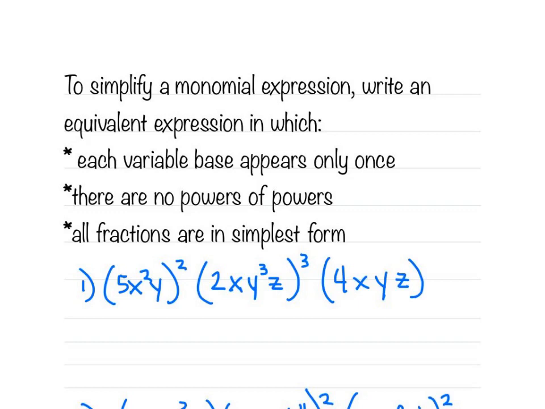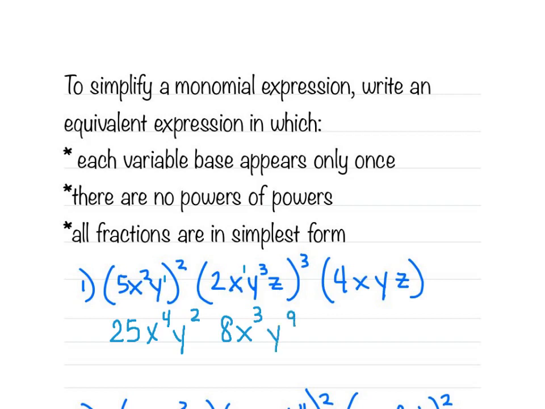So let's raise the first product to the 2nd power. 5 squared would be 25. X squared would be x to the 4th. And y to the 1st squared would be y squared. 2 cubed would be 8. X to the 1st cubed would be x cubed. Y cubed would be y to the 9th.